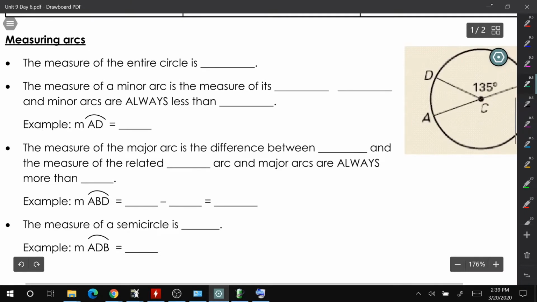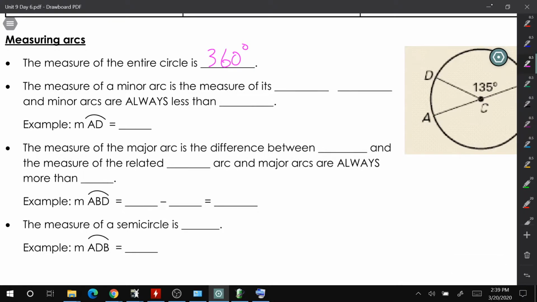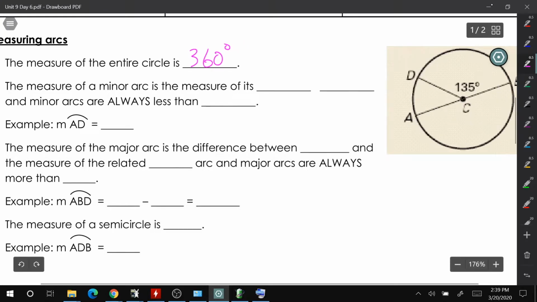So a little bit more of the rules that we're going to deal with. You guys know that the entire circle is 360 degrees. And the measure of the minor arc is the measure of its central angle.